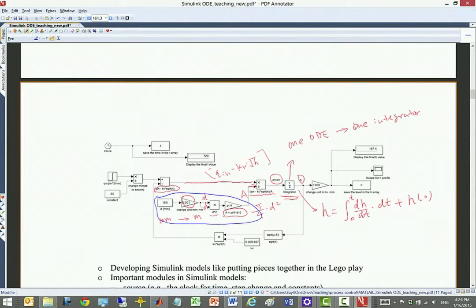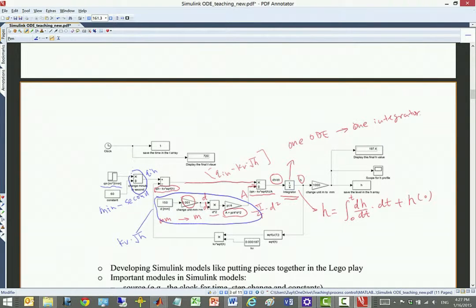Now we need to calculate Q in minus kV times square root of H. There are two terms here. The first one is Q in. The second term is kV times the square root of H. For Q in, the time unit here is minutes, but we need to change it to seconds, so we divide Q in by 60.